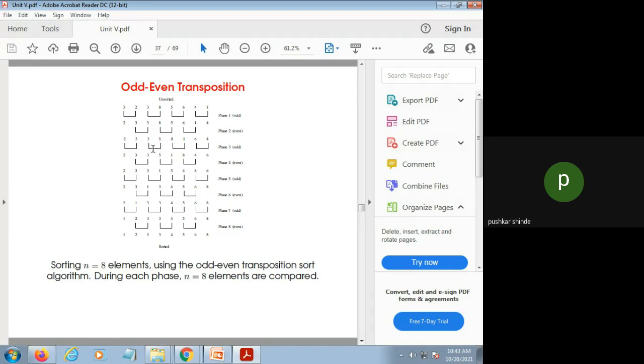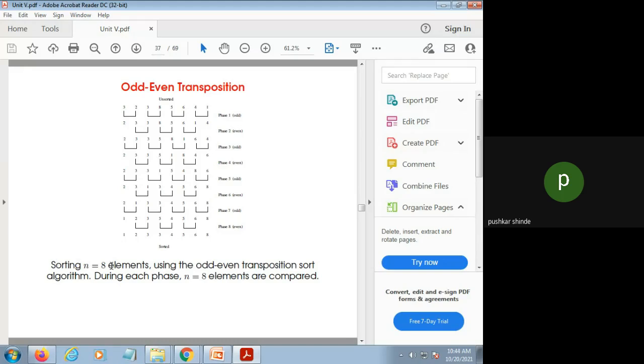So when i is odd, the first number is odd indexed, and when i is even, the first number is even indexed. So the list is divided into two parts, odd and even parts. So this is how odd even transposition works in bubble sort.